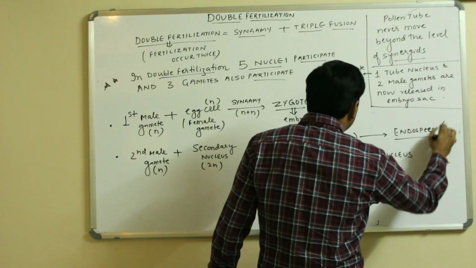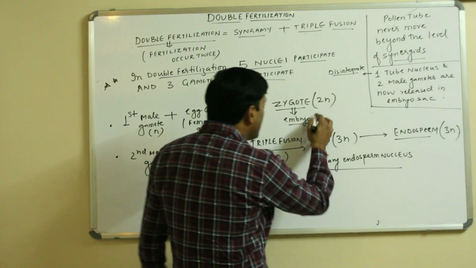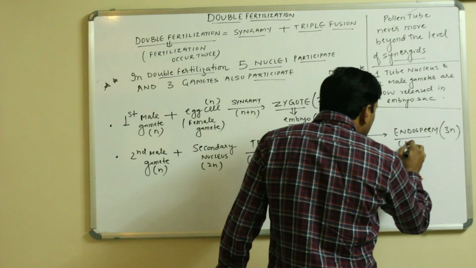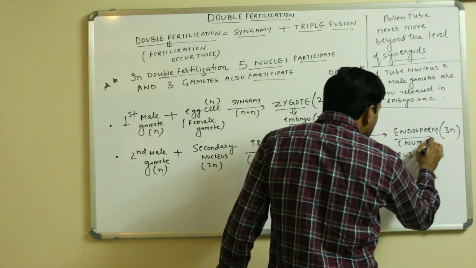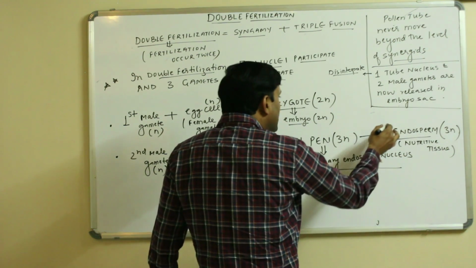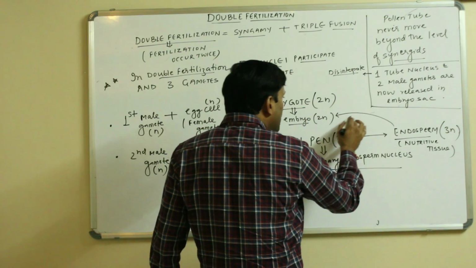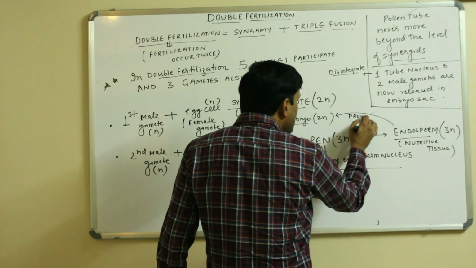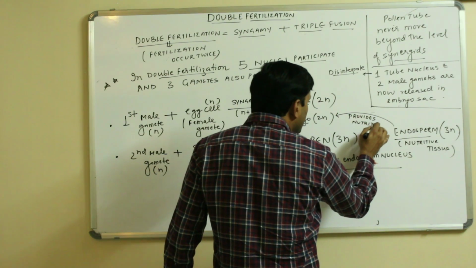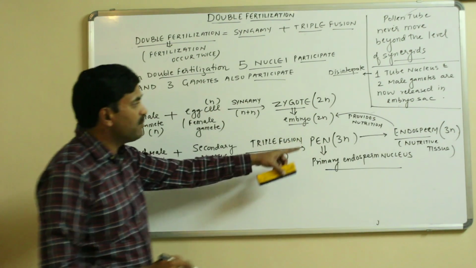This endosperm will have the ploidy level of 3n and the embryo will have the ploidy level of 2n. And this endosperm is a nutritive tissue. It gives nutrition to the developing embryo.